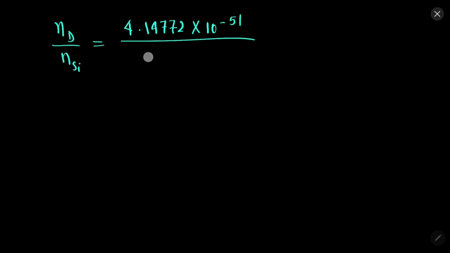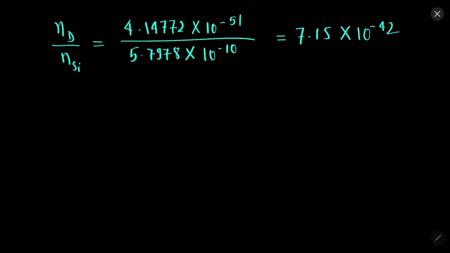So when we take the ratio N diamond over N silicon, we will have 4.14772 into 10 to the power minus 51 over 5.7978 into 10 to the power minus 10, which is 7.15 into 10 to the power minus 42. So this is the ratio.